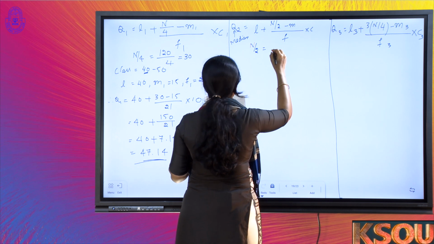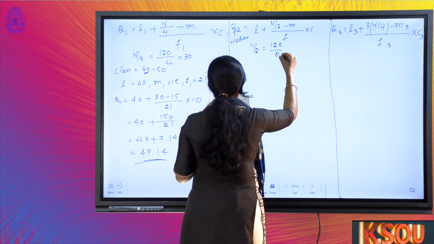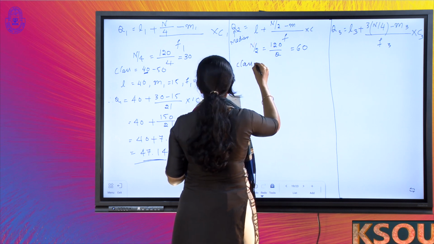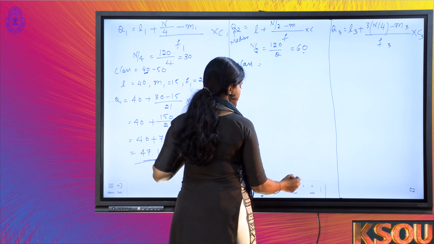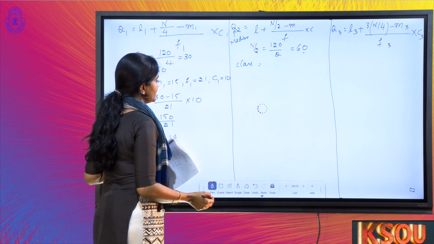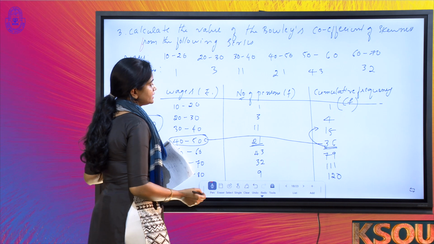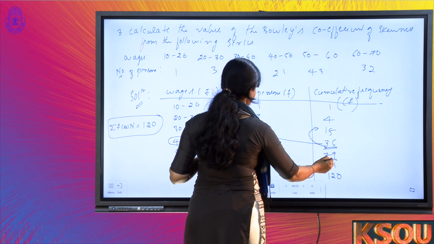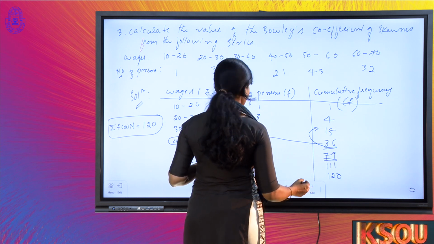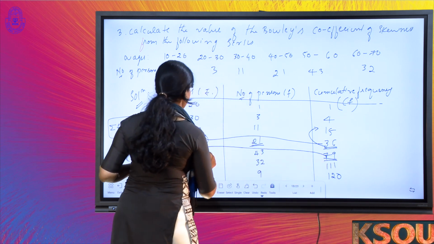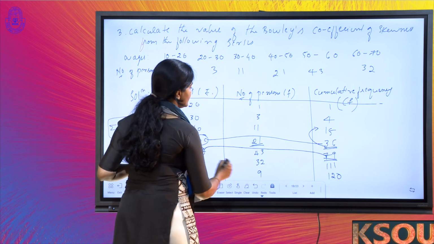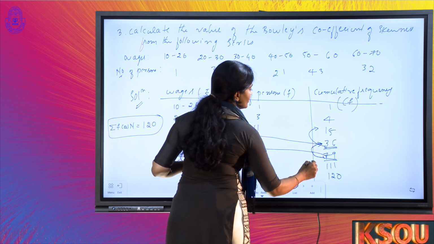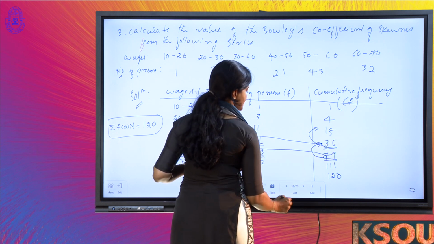If you take n by 2, that is 120 by 2, it is 60. So, what is the median class interval? The median class is just greater than 60. You will have to take the cumulative frequency here. Just greater than 60 is 79. So, 79, the corresponding class interval is 50 to 60, then F1 is 43 and M1 is the preceding one, that is 36.